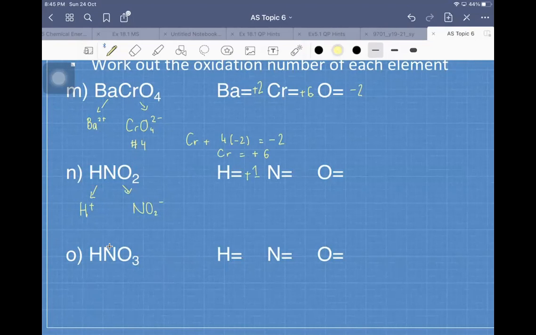Between nitrogen and oxygen, oxygen is more electronegative, therefore it is -2. Based on rule number 4, the sum of the oxidation numbers in NO2- should equal -1. 2 lots of oxygen atoms is -4. So that gives us nitrogen an oxidation number of +3.